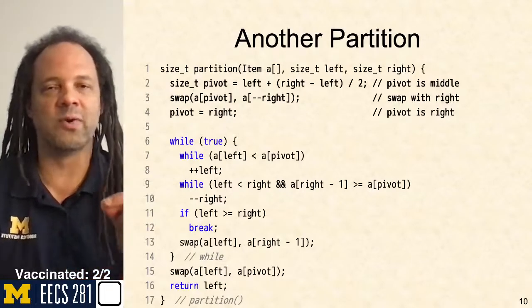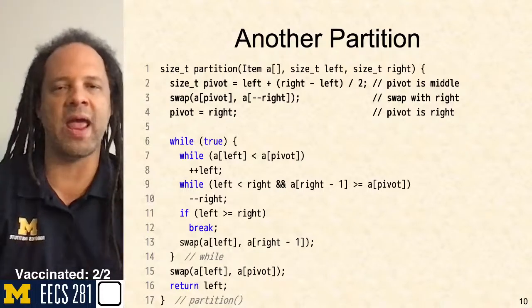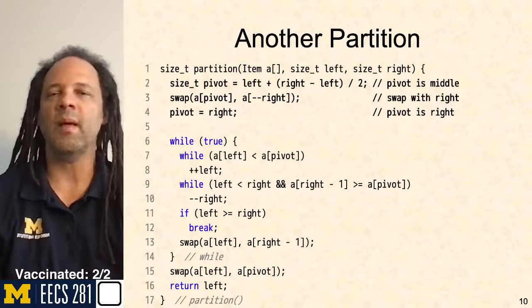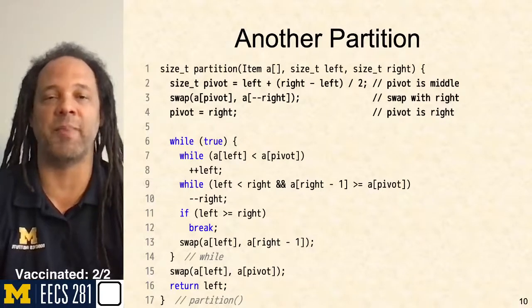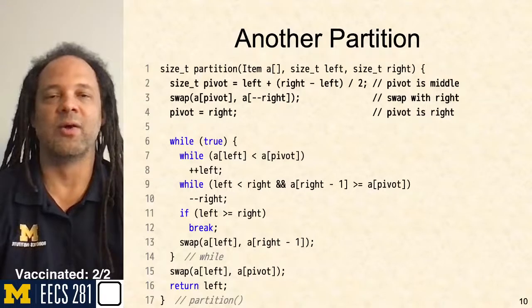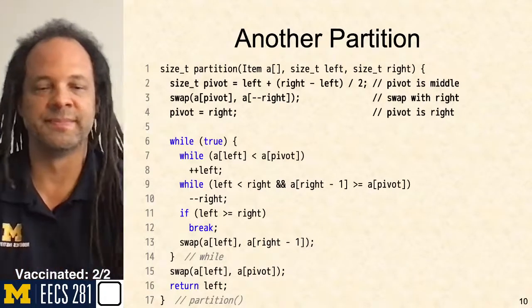So Quicksort on average case and best case is one of our n log n sorts. But when pivots don't go our way, when we get partitions that don't help us, Quicksort can devolve to n squared. We'll check that out in just a minute.